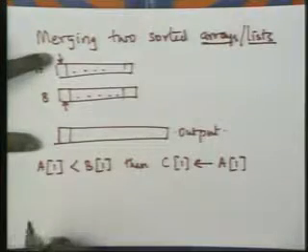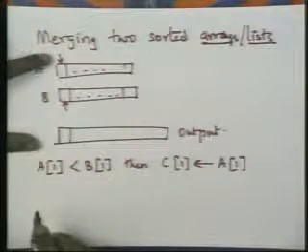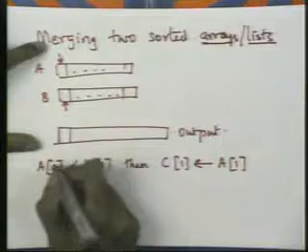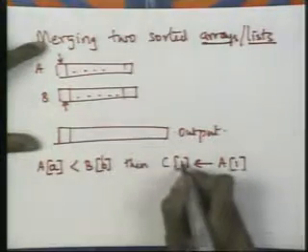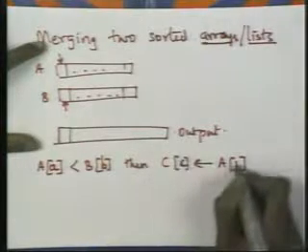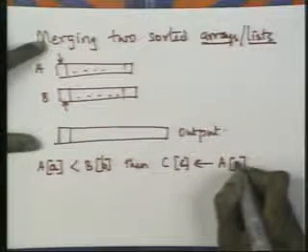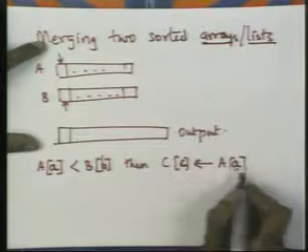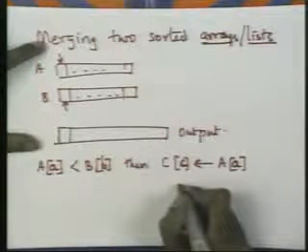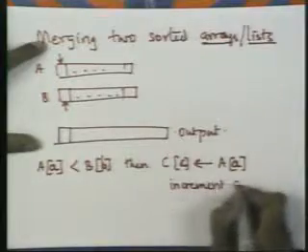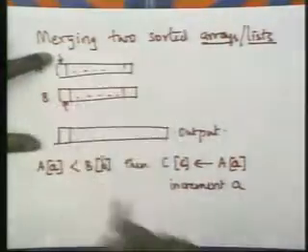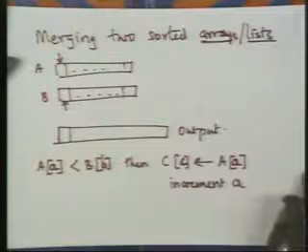So let's call these two pointers small a and small b. So small c is small a, and then I need to increment a. So a which is pointing here will point to the next element, and so on.